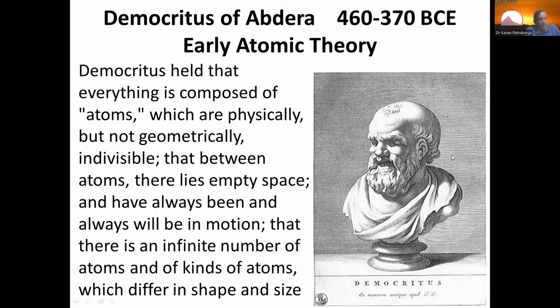But in 400 BCE, they thought about these things by pure logic. And he had quite a lot of ideas which have now turned out to be true after about 2000 years. And that was his early atomic theory. It goes back to the Greek time.